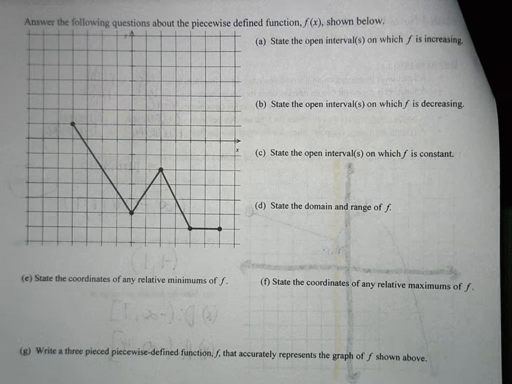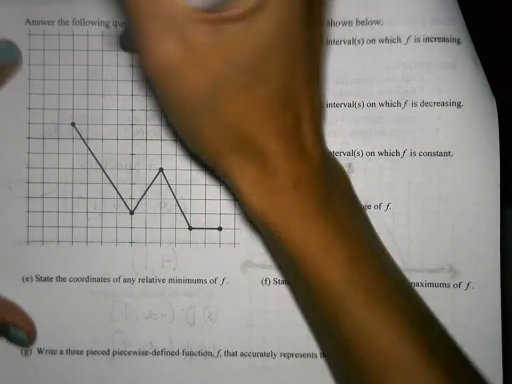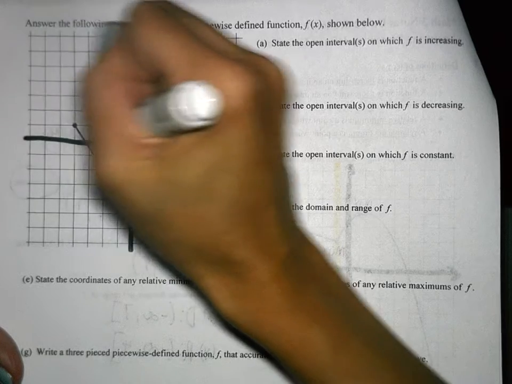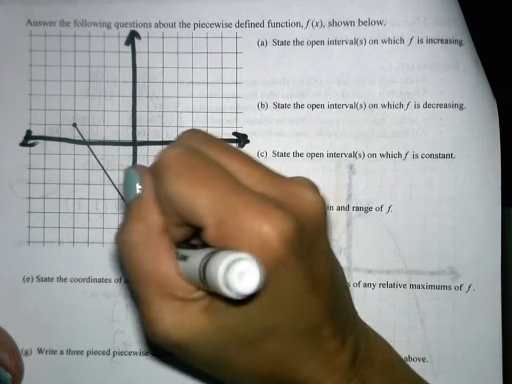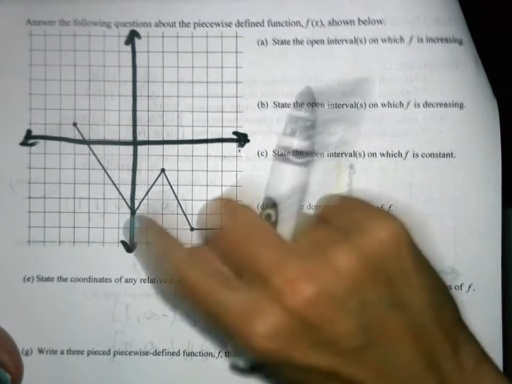And so where is our function increasing? Good. And again, if it's hard for you to see and you want to redraw the axis here so that it stands out more to you, go ahead and do that. But yes, you were right. It is increasing from 0 to 2.